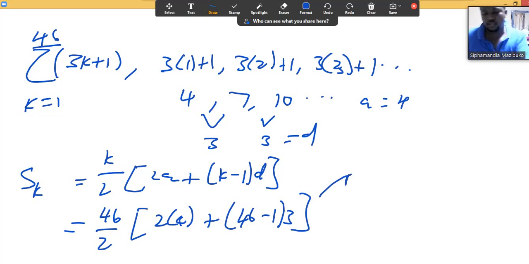We have 46 divided by 2, so we have 23. Let's look at what is inside. 2 times 4 is 8, and then we have 45 times 3, which is 135.